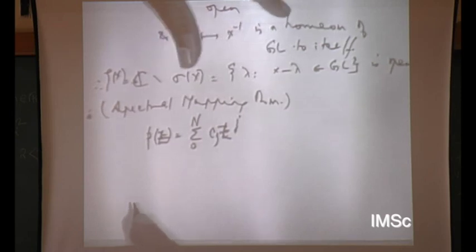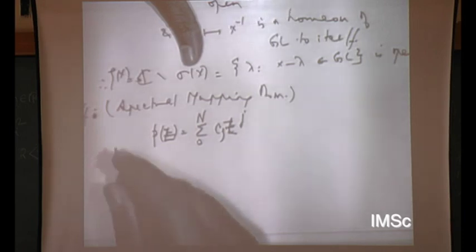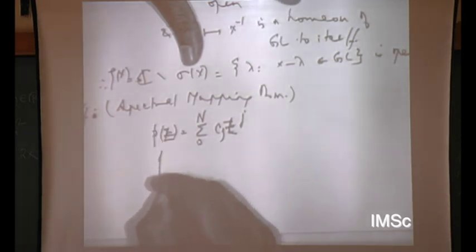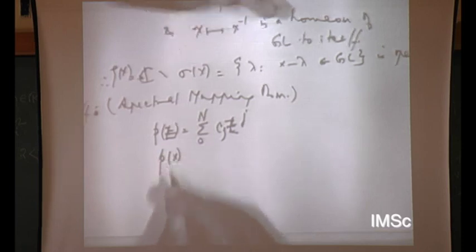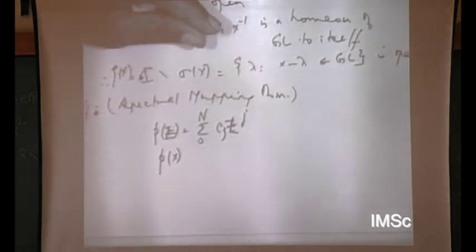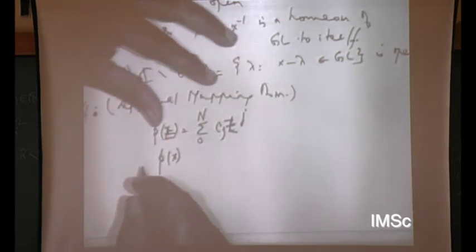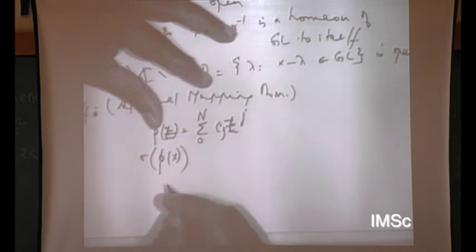So now, given such a polynomial, one may also take P of x, where x is an operator, by just substituting x for z. Then P of x is an operator. Right? So the theorem says, how do I find the spectrum of P of x?